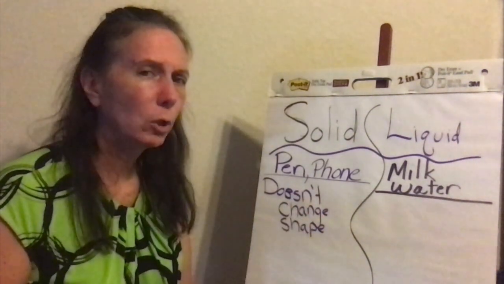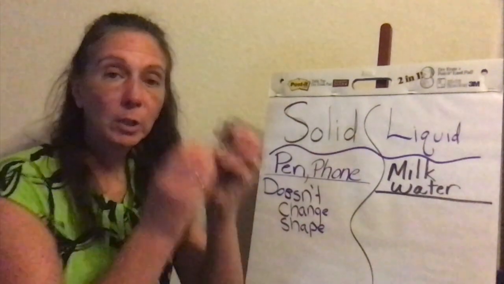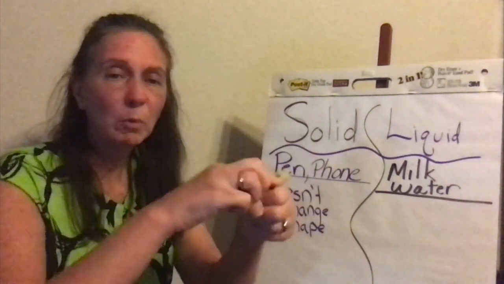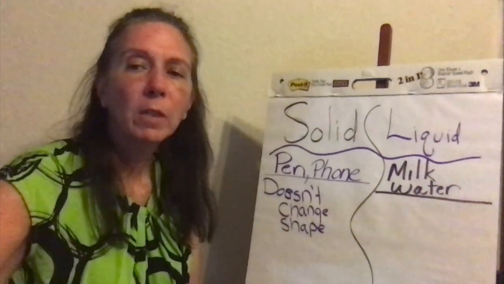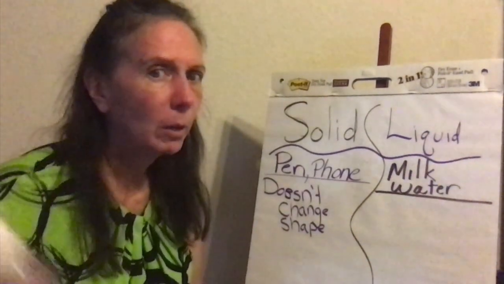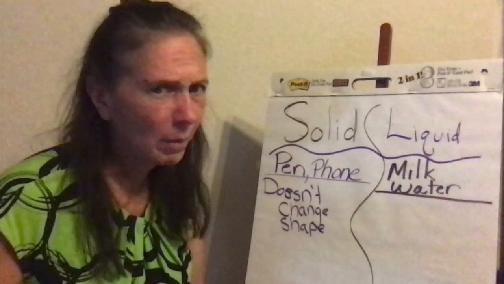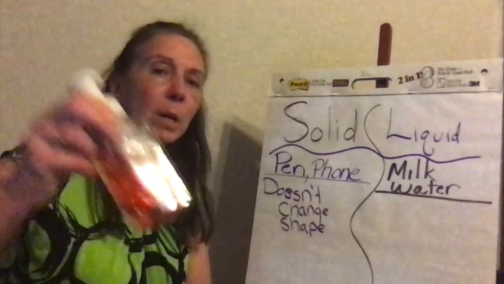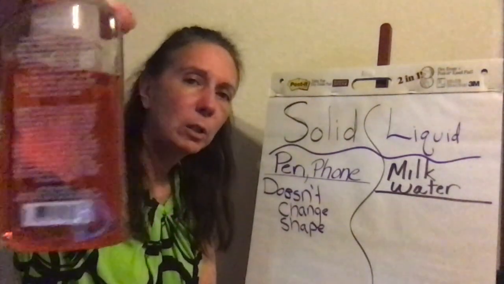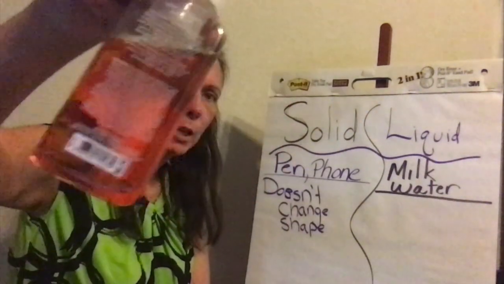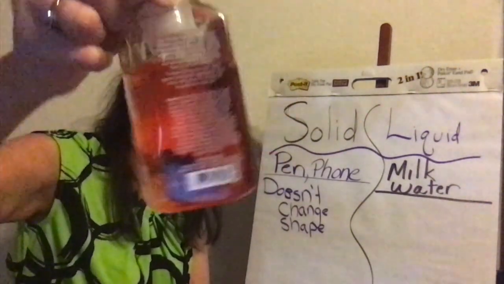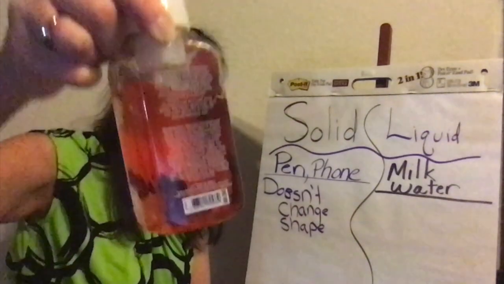What does a liquid do? We know that if I have a solid, it doesn't really change its shape no matter where I put it or where I move it to. If I think about a liquid, and I happen to have a liquid here, it's definitely something I would not want to drink. But I have liquid soap. And you can see liquid soap moves.